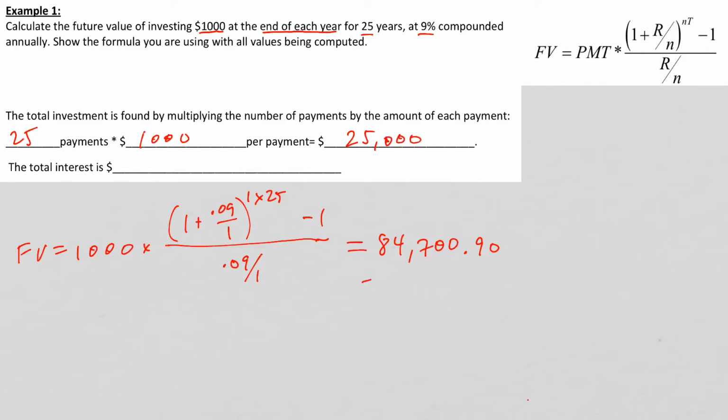But we end up with $84,000. So we subtract to get the amount of interest, which comes out to $59,700.90. So in this problem, we earned $59,700.90 off of a total contribution of $25,000.